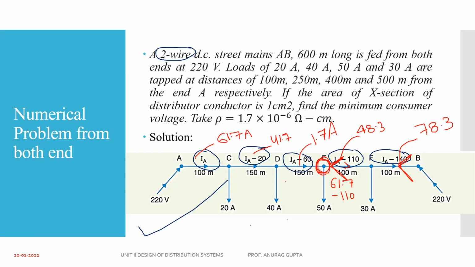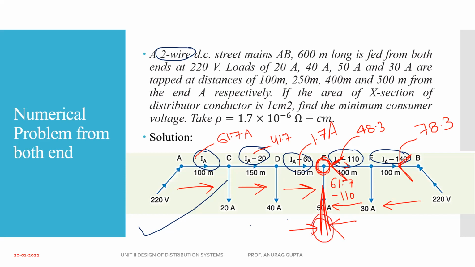So you can see at point E, the currents are summing up. The current is coming from A to C in this direction, C to D in this direction, and D to E in this direction. But with the help of the numerical solution, we find that the current from B to F is going in this direction and F to E in this direction. So you can see at this point the directions meet, that is called the summing point of both currents.